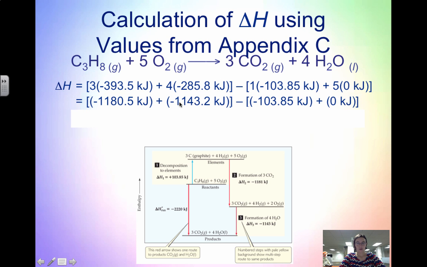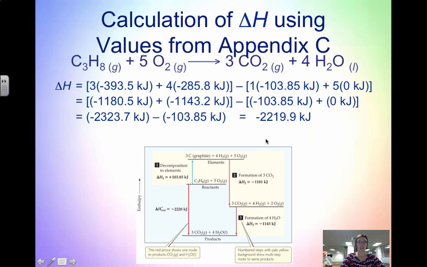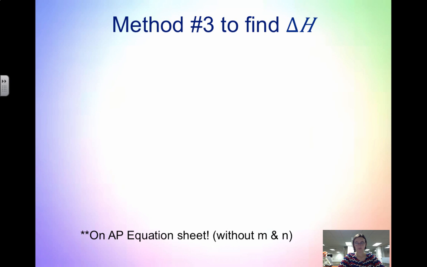We add up our products, we subtract our reactants, and we find that our delta H is equal to negative 2,219.9 kilojoules. This is using the heat of formation. We're using the stoichiometric coefficients to find the heat of reaction.